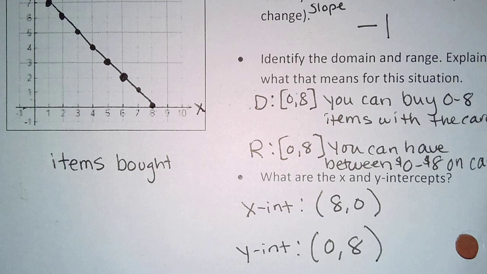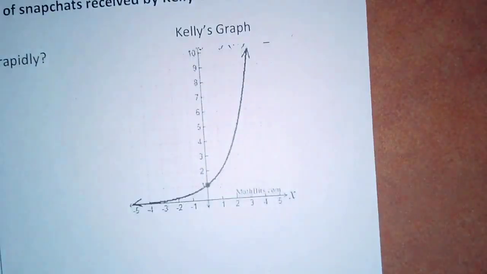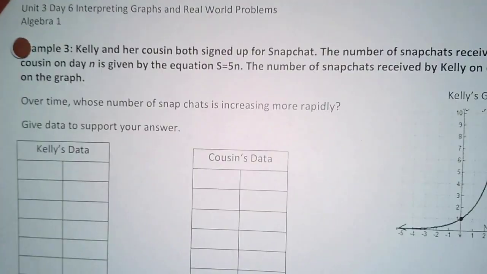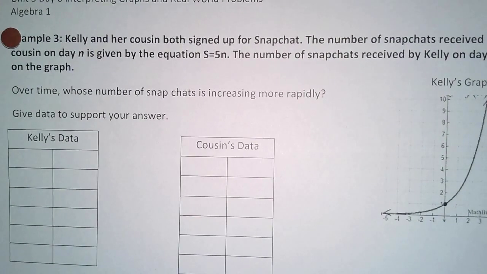Flip it over when you're ready. If you don't have your calculator out, you're going to want it out for this one. It says Kelly and her cousin both signed up for Snapchat.